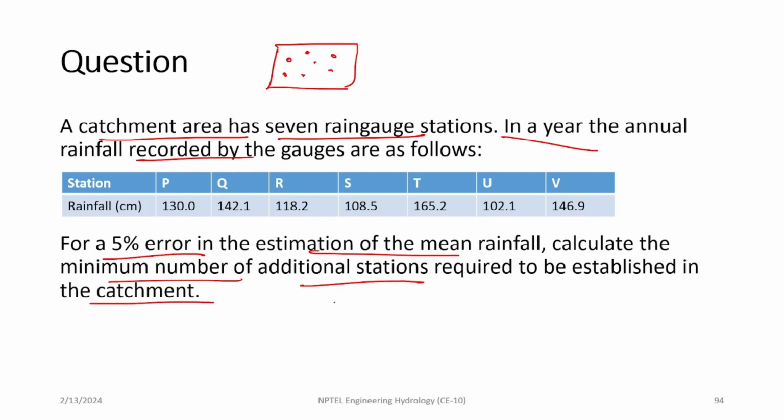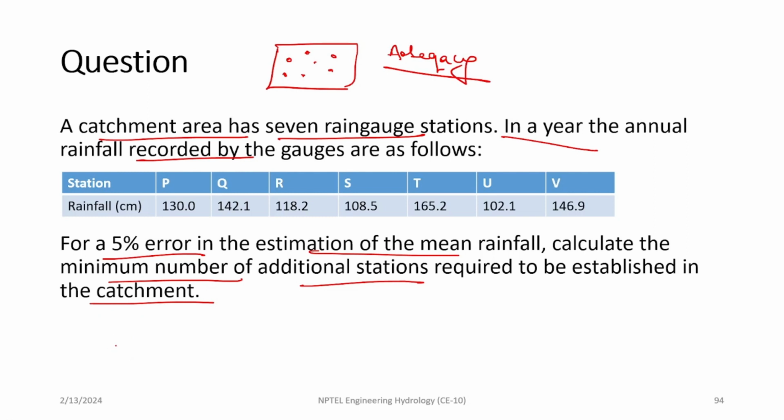How can we obtain this? It is just representing the adequacy of rain gauge distribution. Okay. You may have studied this concept. Yes. So now you have to determine the additional stations that may be required in this area.